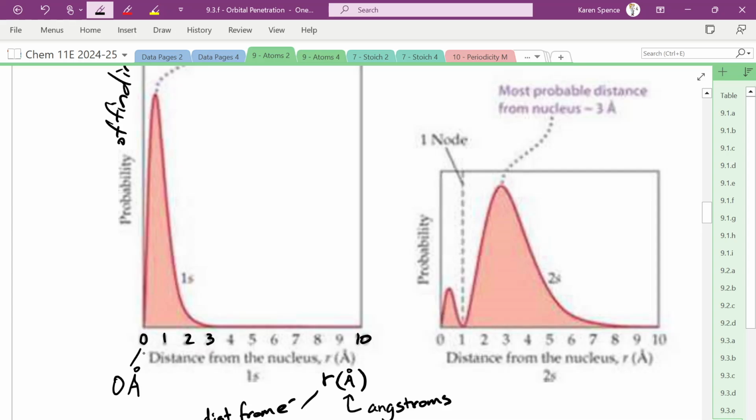In other words, right at the nucleus. What is the probability of finding an electron right there? It is 0. Yes? That's supposed to be a 0.